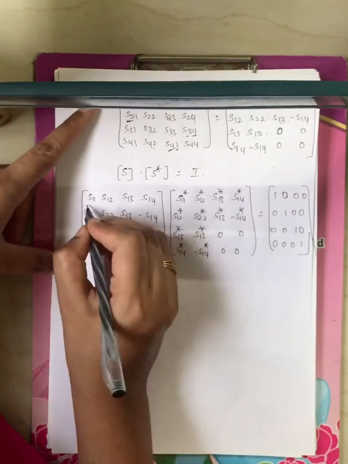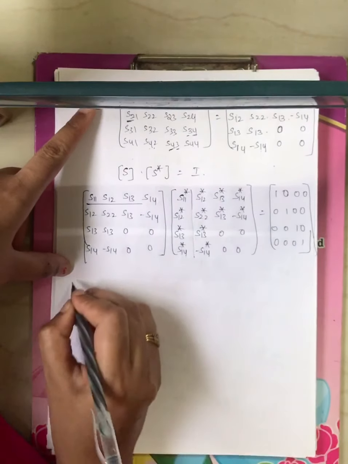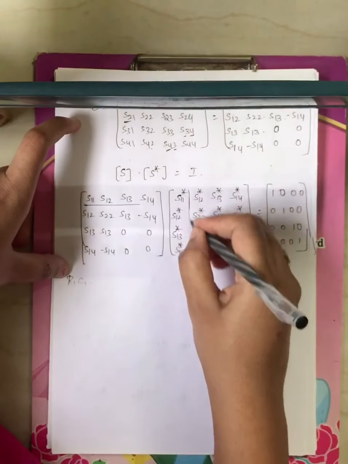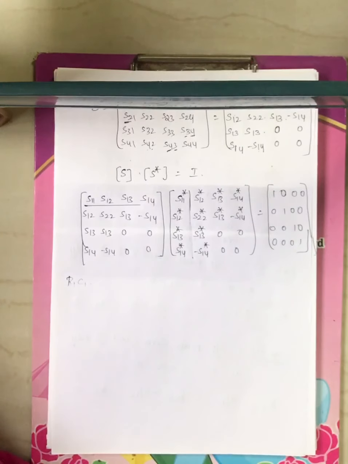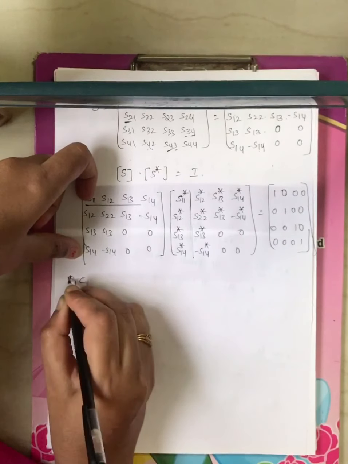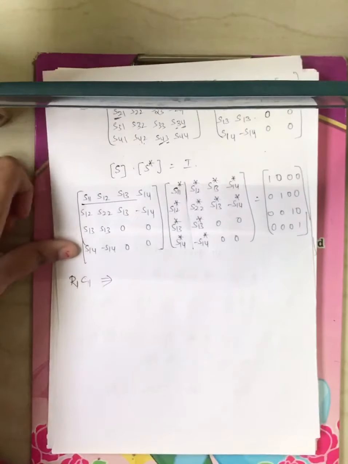Now multiply row 1 with column 1. Same procedure you have to follow. Now multiply R1 C1, row 1 with column 1.